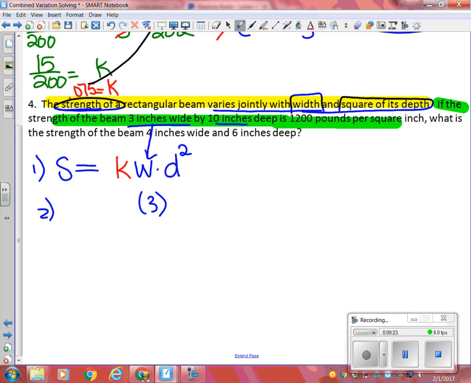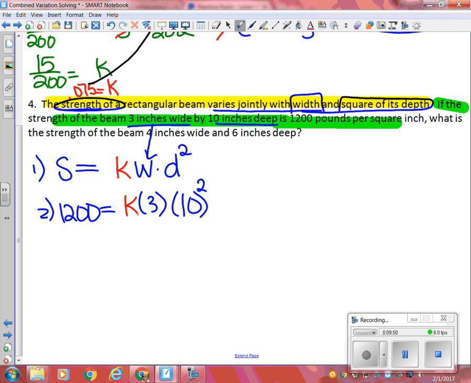So when it says 10 inches deep, that's actually the depth of 10 inches, and I have to square the depth. 1,200 pounds per square inch is a measure of the strength in terms of the pressure it can hold. So imagine a beam stretched across the room. There's a lot of pressure to hold up the structure. So that's what we're talking about. So that would be 1,200.